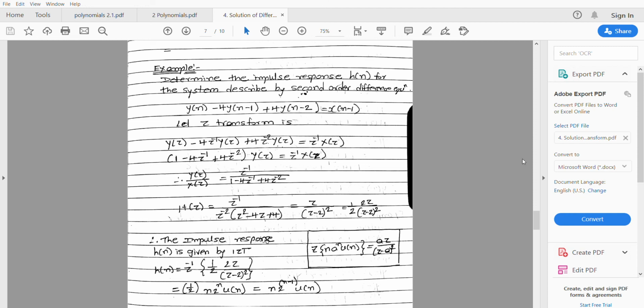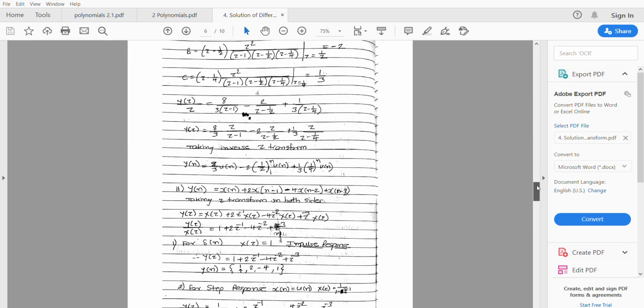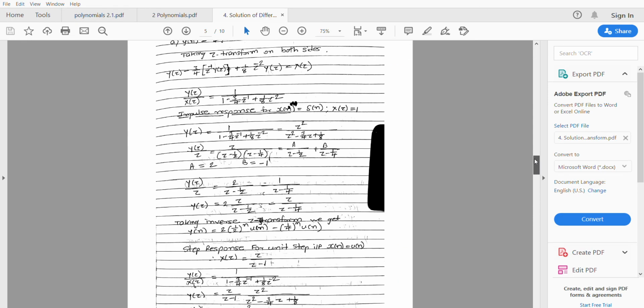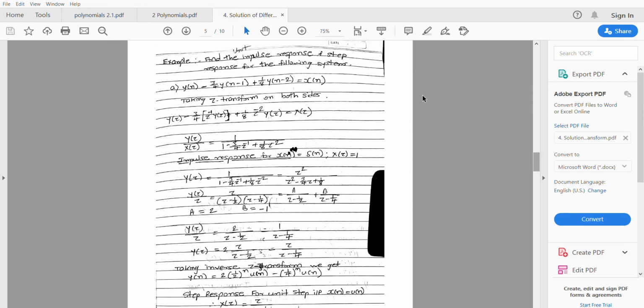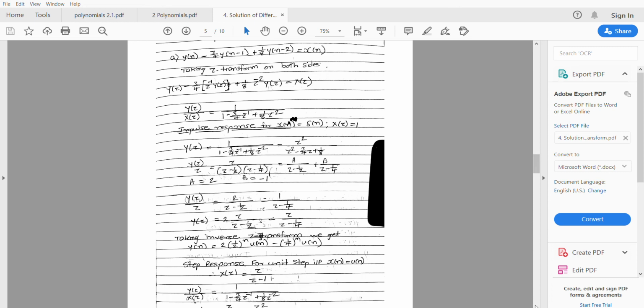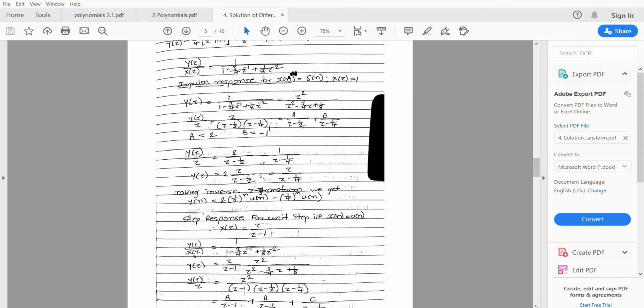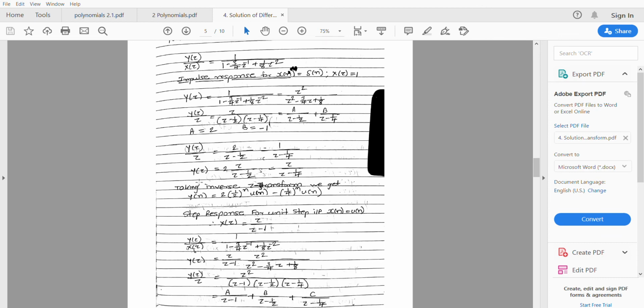And in the above numeric, we found the unit impulse response and step response for the given difference equation. For the unit impulse response, we have to find y of n. When finding y of n, we consider the given x of n.